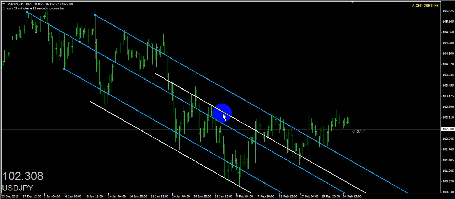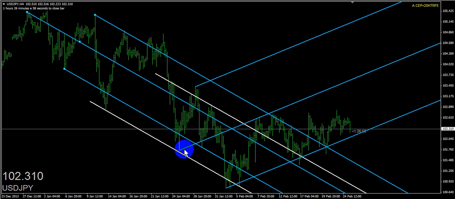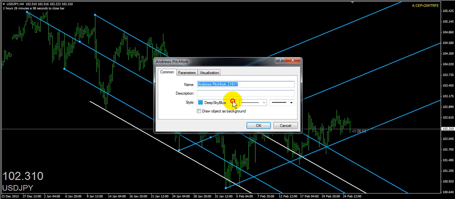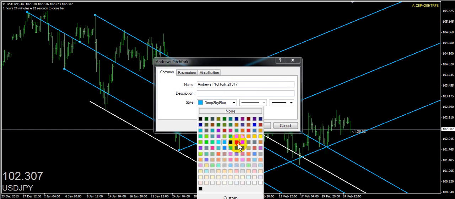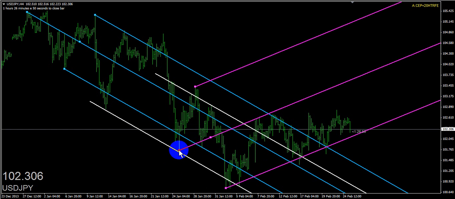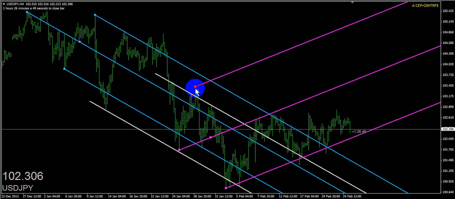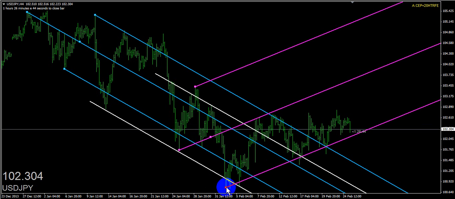And we can also draw the up fork and color it a different color, as well as make sure the points are on the extreme, like so.